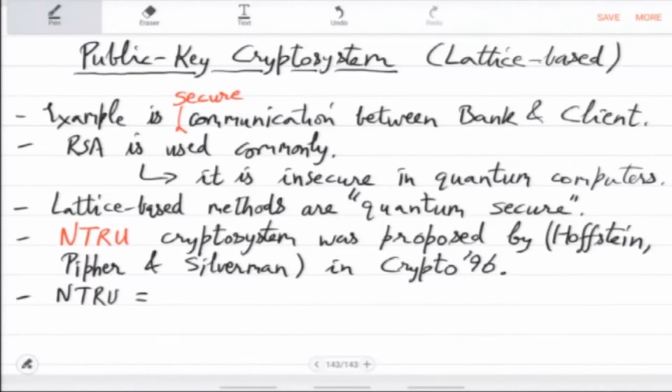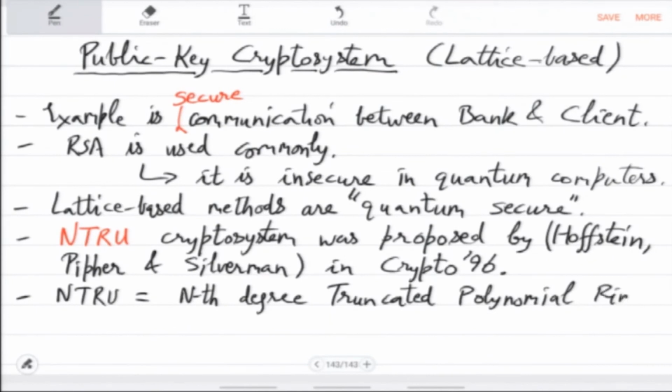So NTRU stands for nth degree truncated polynomial ring. So what is this polynomial ring? This is very simple.